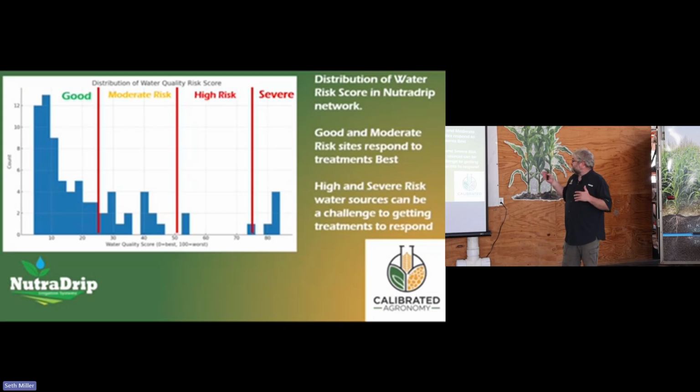Once we get into high risk and severe, we have to look at other strategies than just amending and working on the water. We need to work on that, but that's where things like using biology, soil amendments, pounds per acre of gypsum, and other remediation come in.